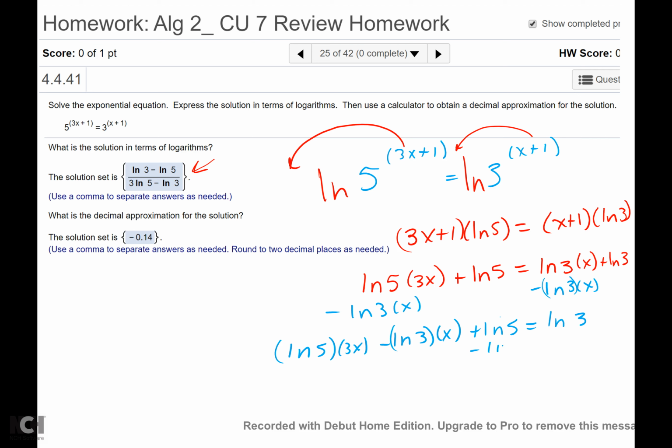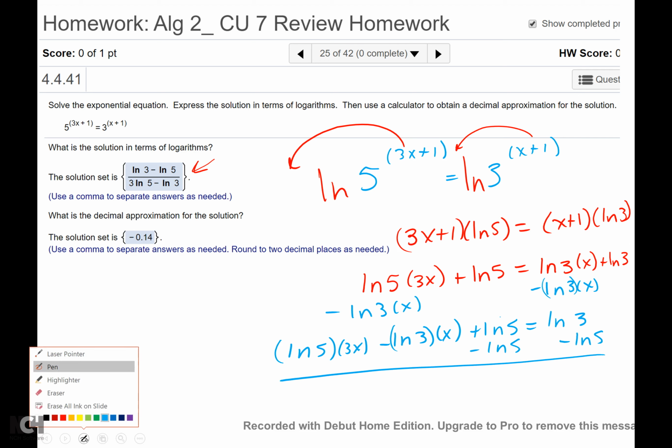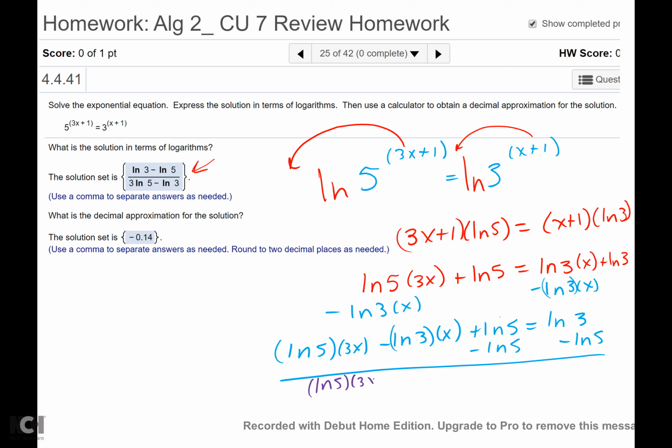If I minus ln 5, I'll get ln of 5 times 3x minus ln 3 times x equals ln 3 minus ln 5.